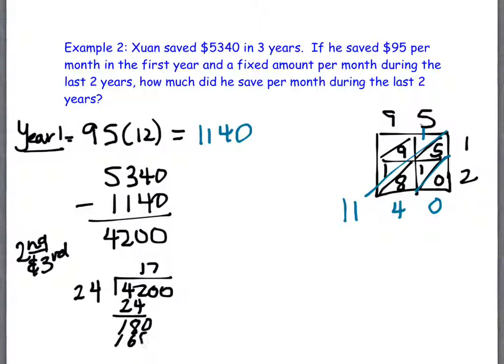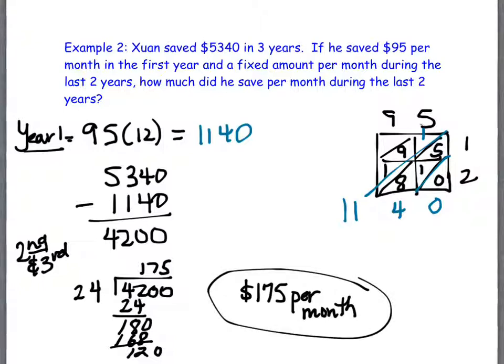It's 168. I'll help you out. What's 180 minus 168? 12. So now I've got 120. How many times does 24 go into 120? That's 5. So the answer then is $175 per month. So the first year he saved $95 a month, and then the last 2 years he saved $175 per month.